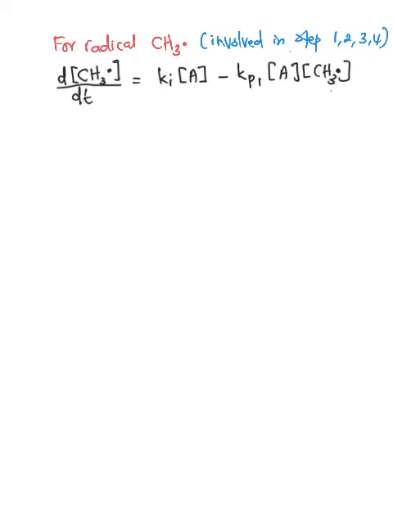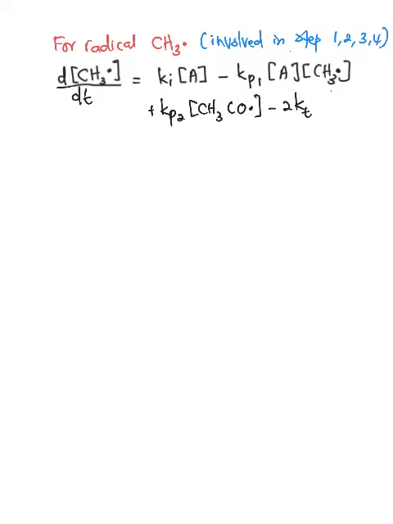Step 2, CH3 disappears. Step 3, CH3 appears, so plus k_P2 [CH3CO]. And then the last step, in the termination step, radical CH3 disappears, so minus 2 k_T. Why 2?